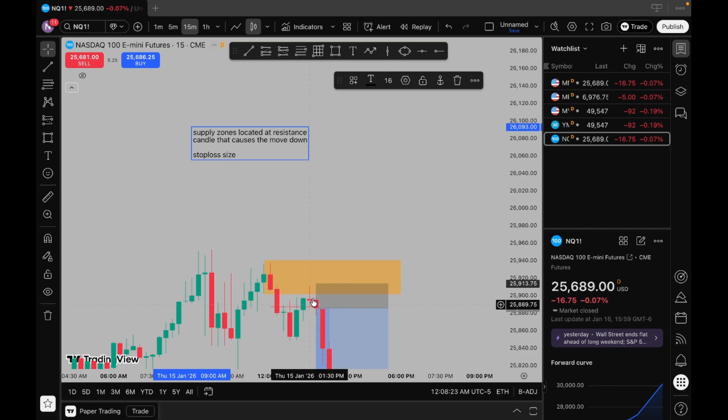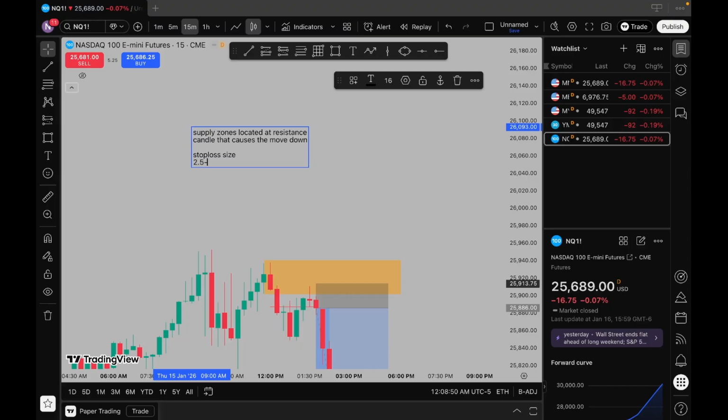Depending on how big this candle wick is, because you enter right here on the flip of the next candle, right? Because that's your confirmation that it's going into the sell side. It's going to drop into the downside. So however big this area is, that's going to be your stop loss.